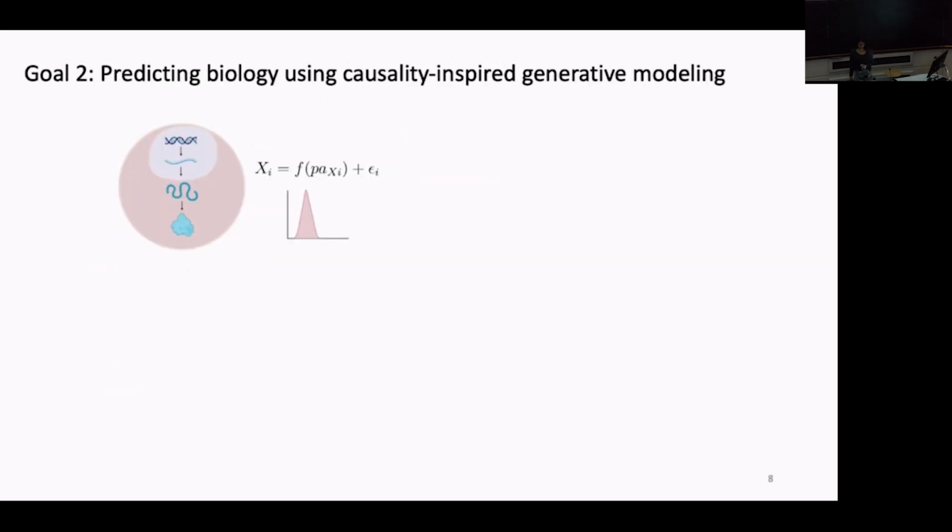So the second goal of my project is making biology predictable.